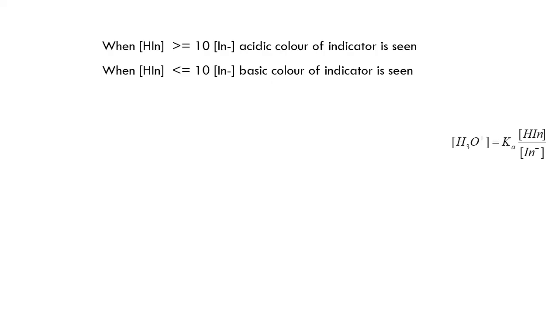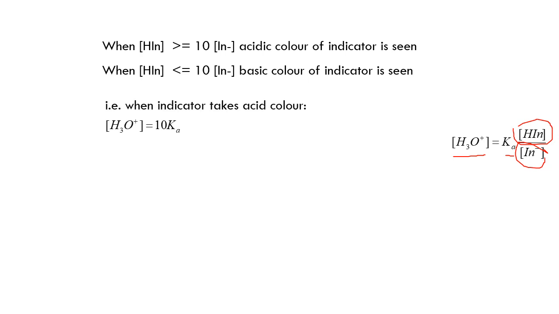Now, keeping in mind the derived equation we looked at before, where hydronium ion concentration is equal to the Ka times the concentration of the acid form divided by the base form, if hydronium ion concentration is equal to 10 times Ka, meaning more acid is present, then the pH will be equal to minus log of 10 times Ka.